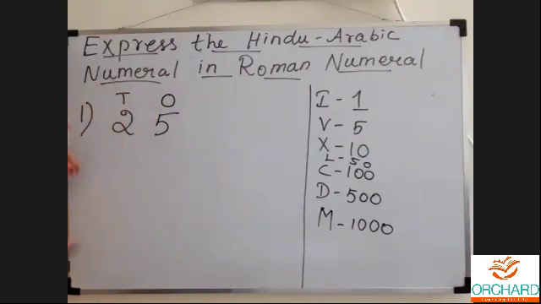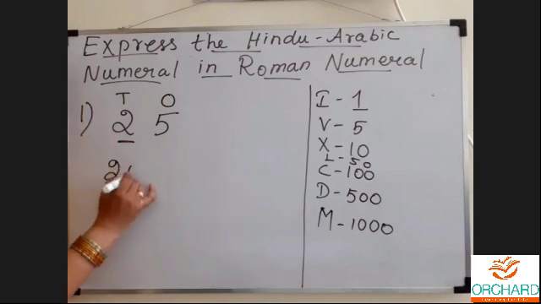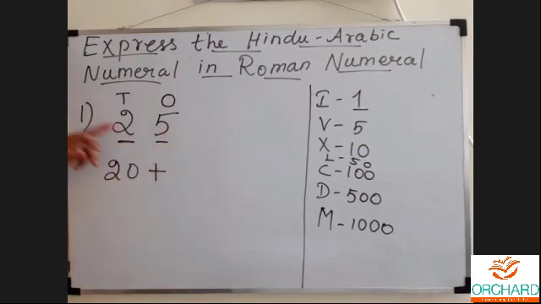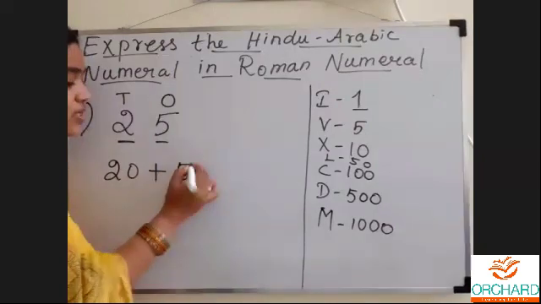The value 2 stands in the place of 10, so 2 tens are 20. Plus, now what is the next value? 5, which stands in the place of 1. So 5 ones are 5.